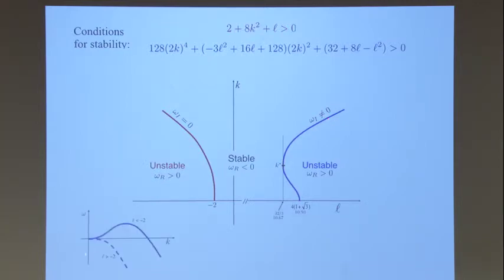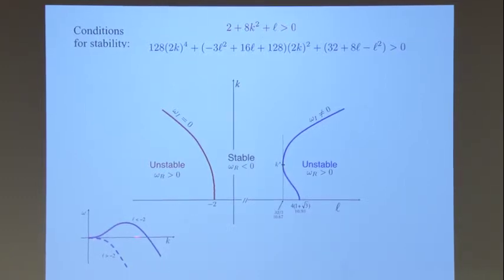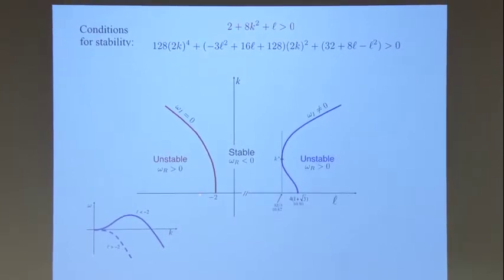And so here is what the growth rate as a function of the wave number looks like as you cross this -2. When you are on the right of -2, L is bigger than -2, the flame is stable, the growth rate, the real part, is negative. When you cross it and you're on this side, you have a growth and then it decays. In other words, there is a range of wave numbers that are unstable.